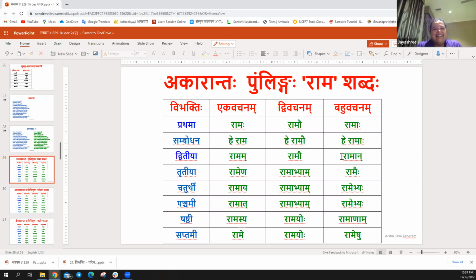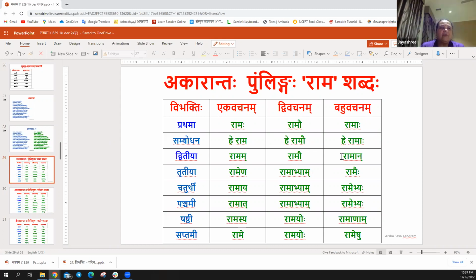Akaranta पुल्लिङ्गः कृष्णशब्दः प्रथमा कृष्णः कृष्णौ कृष्णाः सम्बोधना हे कृष्ण हे कृष्णौ हे कृष्णाः द्वितीया कृष्णं कृष्णौ कृष्णान् तृतीया कृष्णेन कृष्णाभ्यां कृष्णैः चतुर्थी कृष्णाय कृष्णाभ्यां कृष्णेभ्यः पञ्चमी कृष्णात् कृष्णाभ्यां कृष्णेभ्यः षष्ठी कृष्णस्य कृष्णयोः कृष्णानां सप्तमी कृष्णे कृष्णयोः कृष्णेषु.